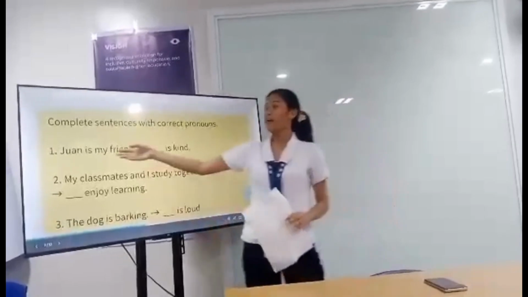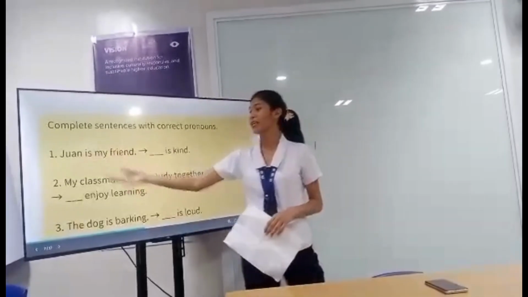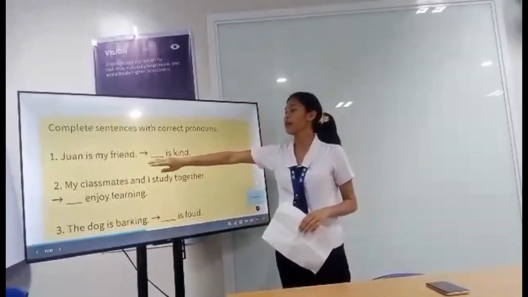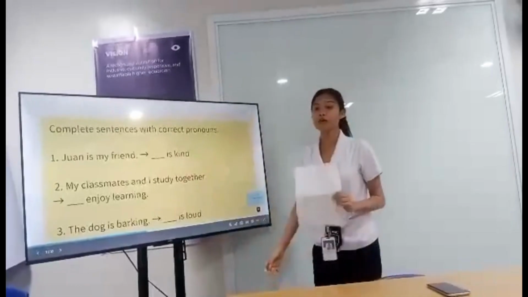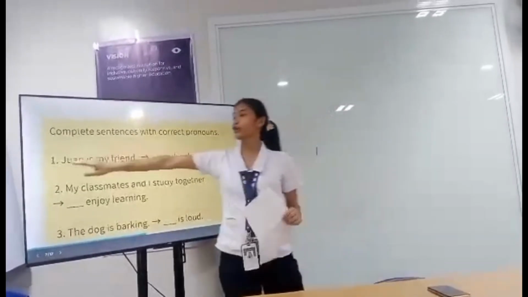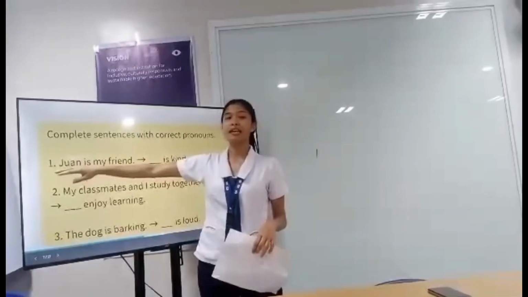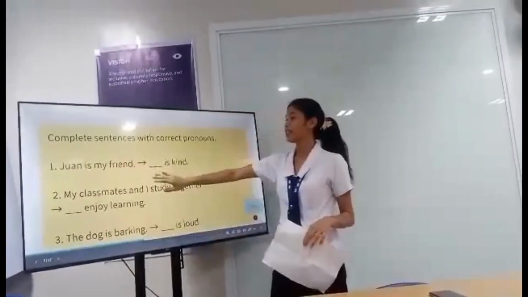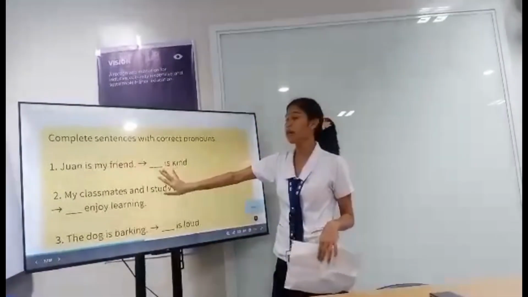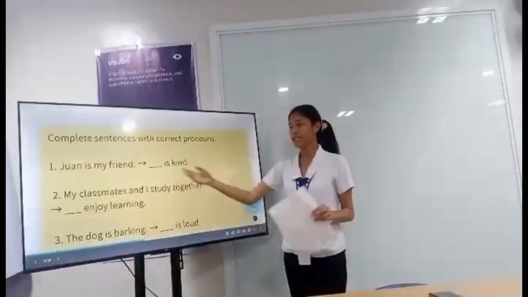In the blank, you will use a pronoun word that refers to Juan. So instead of repeating the name of Juan, you will write the personal pronoun form in the second sentences.